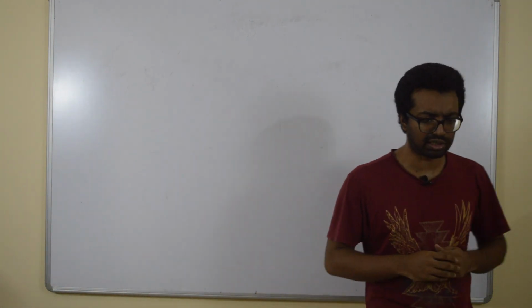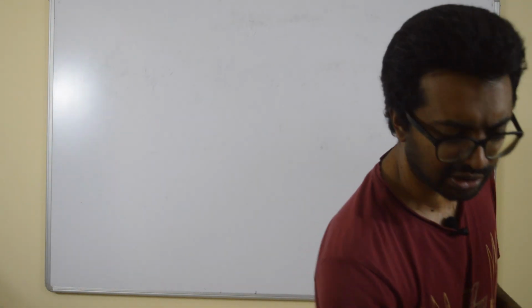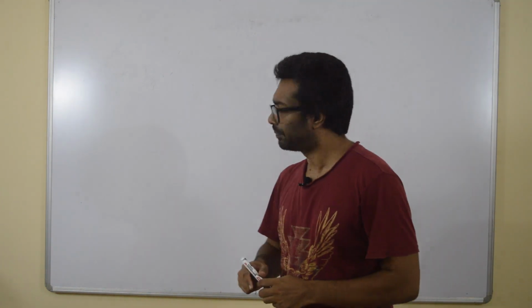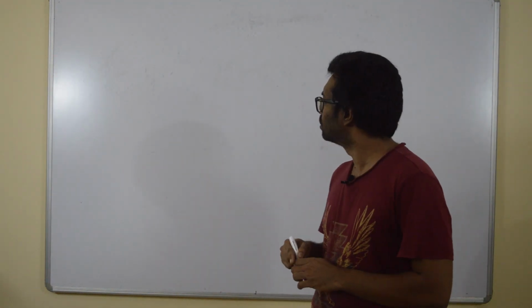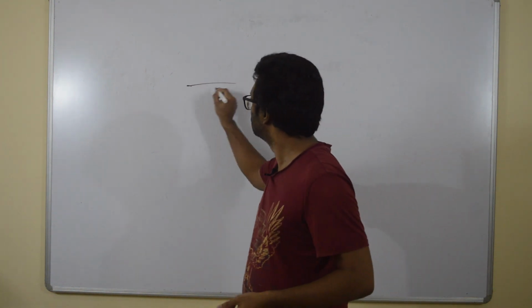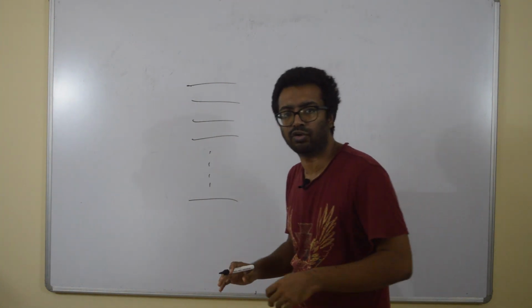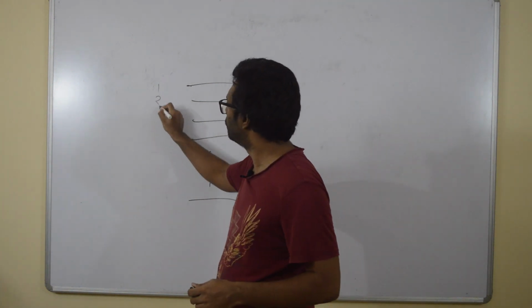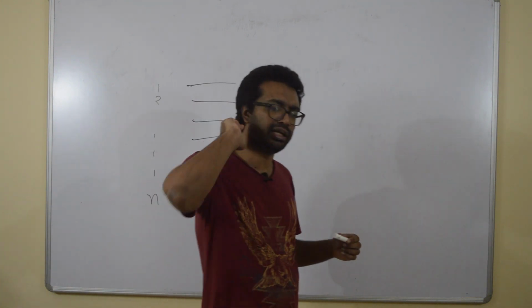One simple way to see this is the following. Let me just draw that. So these are my lines of code. There are 1, 2, up to n lines of code, and somewhere some line is wrong, right?